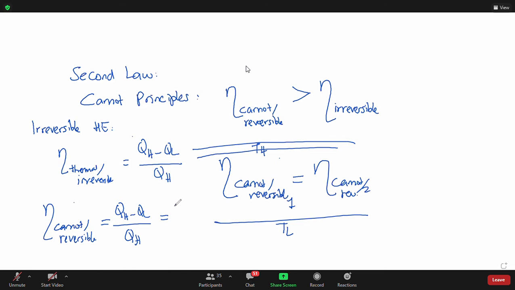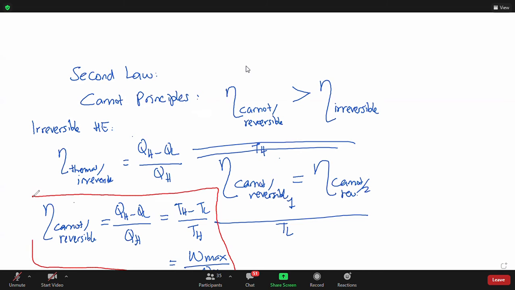So this will also be TH minus TL over TH equals work maximum over QH. This is the equation that you can use for reversible. All this has to do with the Carnot principle. Any question?